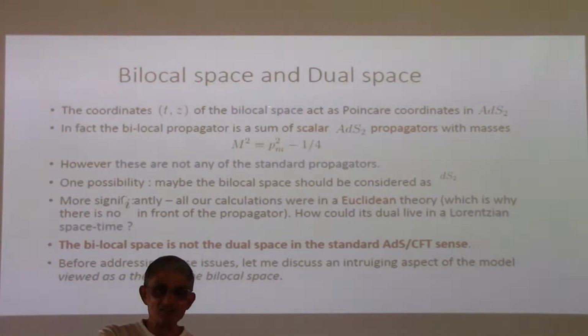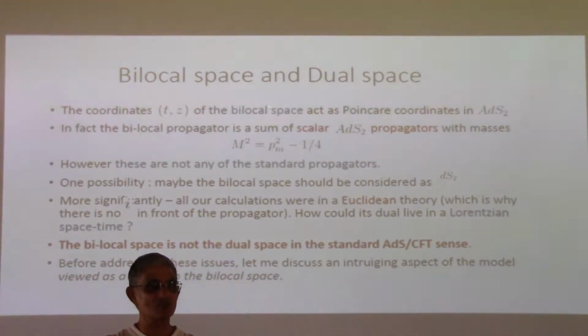So the first puzzle is that the answers which you get look like they're answers already in a Lorentzian theory, before I do any analytic continuation. The answers for what? In this case, for example, the bulk-to-bulk propagator.